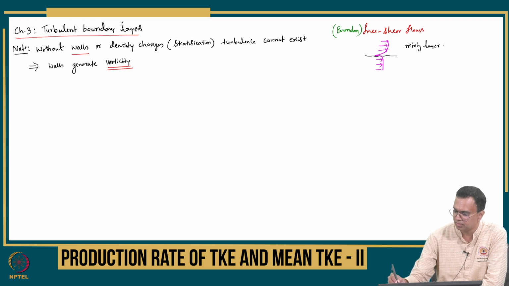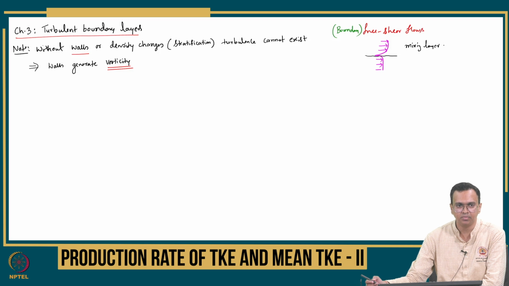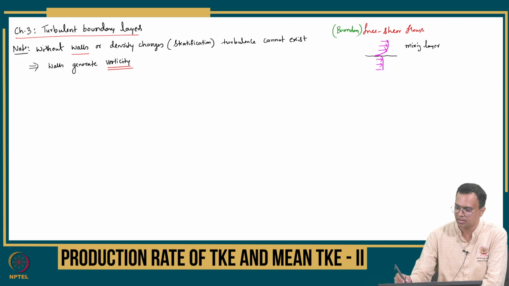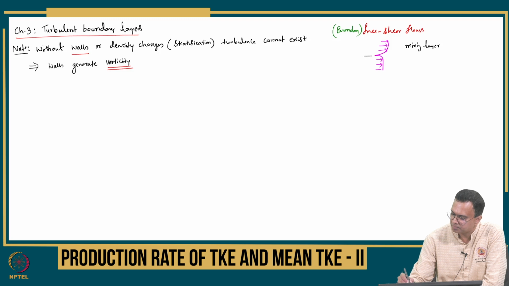A mixing layer here. In the absence of density, since I am not considering the density effects, let's take that both the fluids are the same, both are liquid, let's say, or both are air, and then you have two different velocities that you set, and then you let them interact.